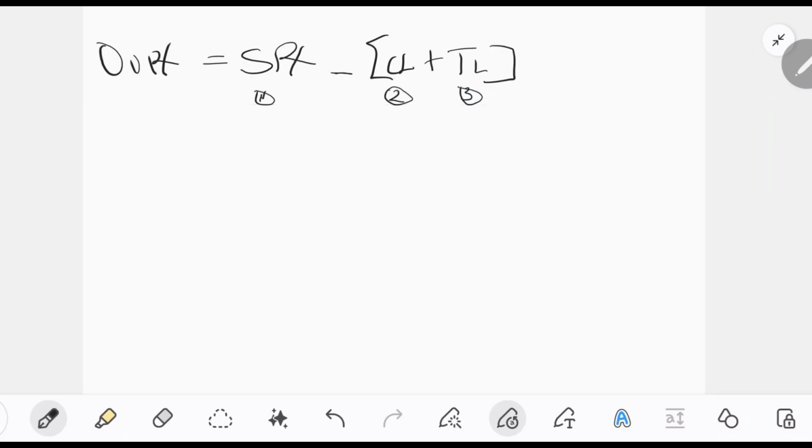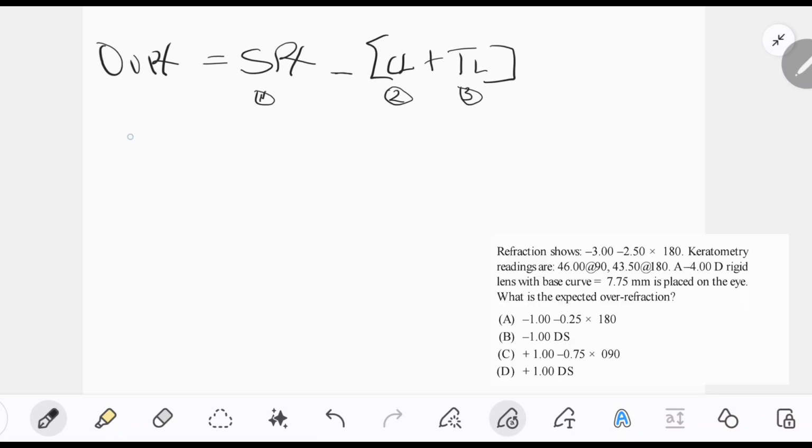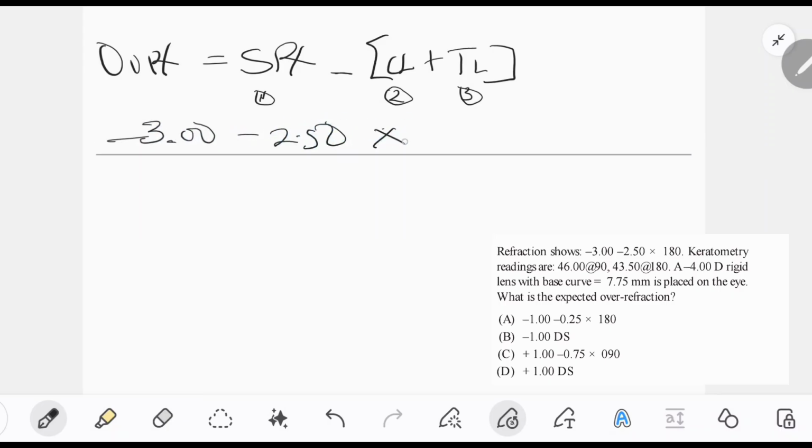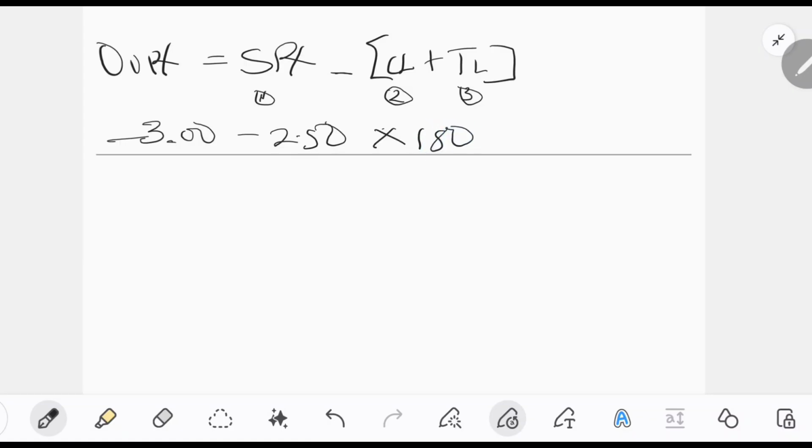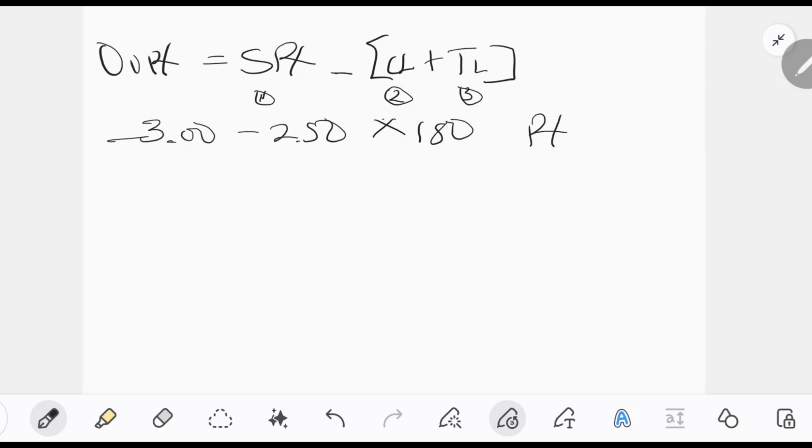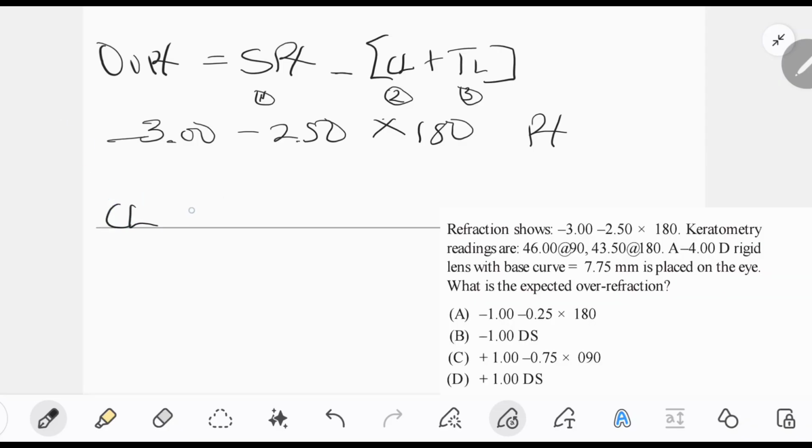In this question, they've given us the refraction result, which is minus 3.00 minus 2.50 axis 180. This is the refraction result they gave to us. Then the contact lens on the eye, that's the CL on the eye, is the trial contact lens they are using, and it is an RGP contact lens.